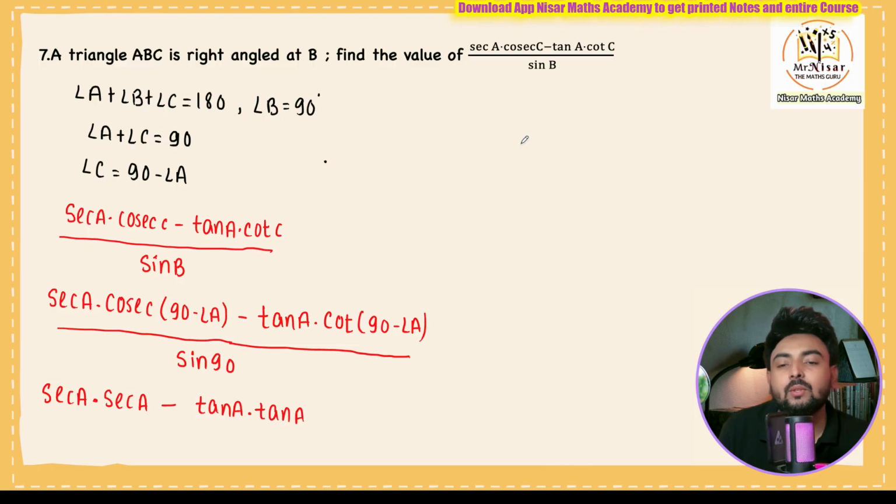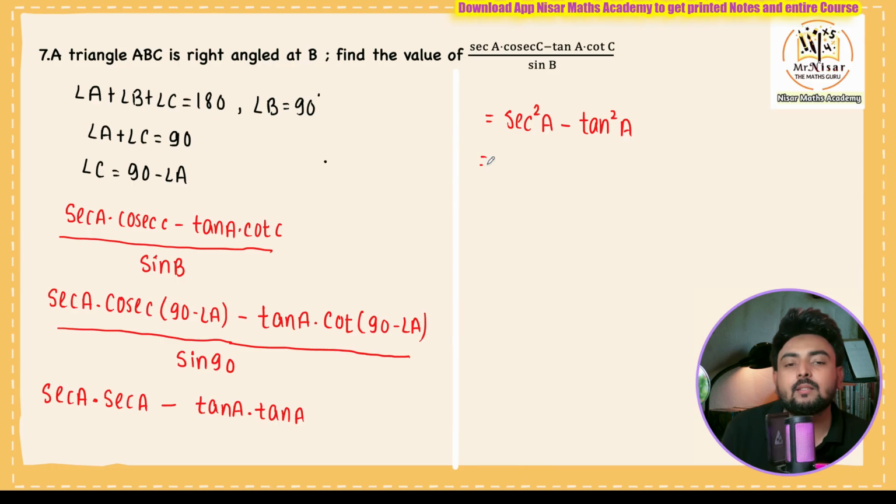So now we are left with, right, I'll make a line over here. Yeah, then we have sec into sec, that will be sec square A, minus tan into tan, that will be tan square A.